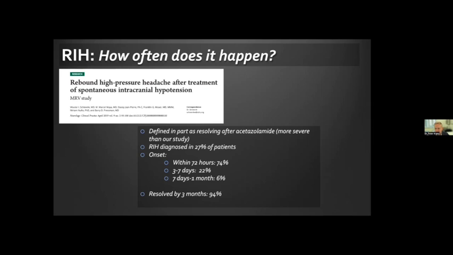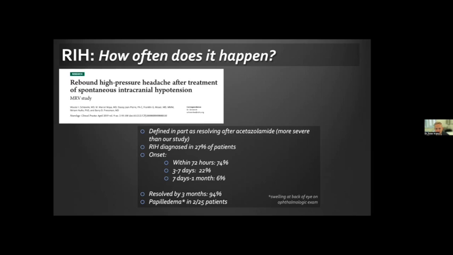They looked at how often symptoms resolved, and found that by 3 months, 94% of these patients who had moderate or greater rebound high pressure had resolved. For those physicians who are wondering whether papilledema is present, it was present only in a minority of patients, 2 out of 25 patients in their study.